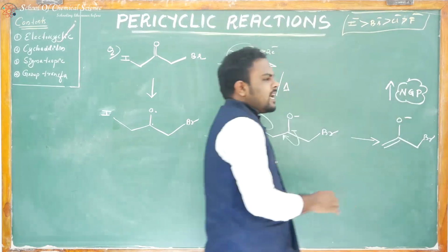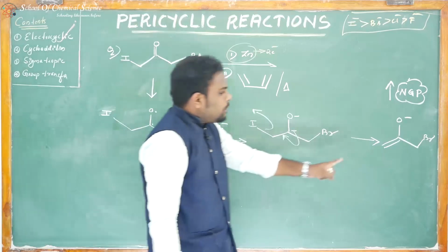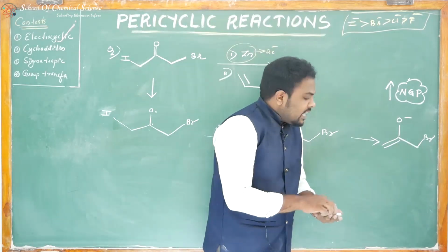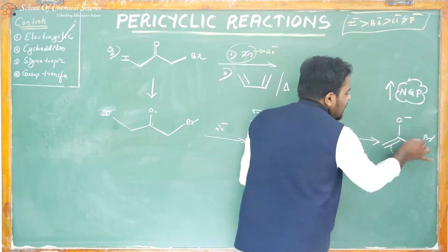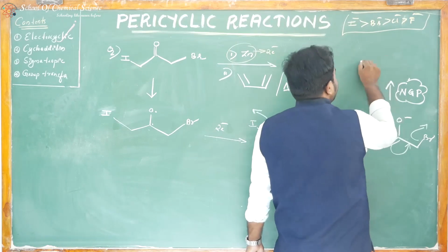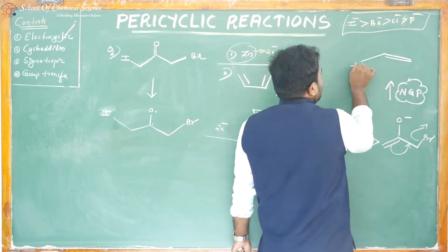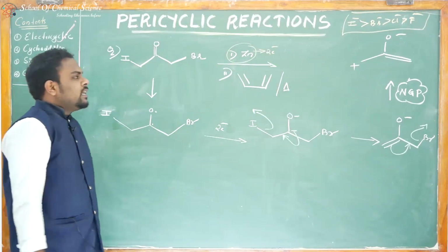We will discuss neighboring group participation in the general organic chemistry section. Here the second bromine is eliminated with the help of this pi bond. So this pi bond is shifted towards here. This Br group is eliminated. So that in the next step, double bond plus O minus. So an allyl cation is generated.